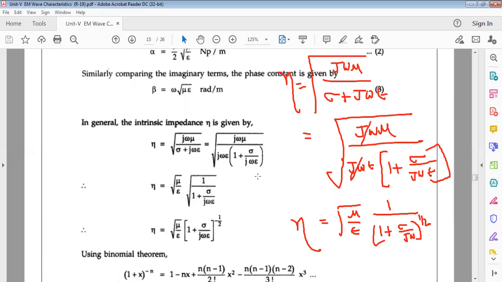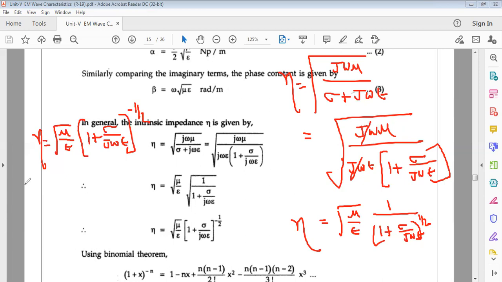Here it is written with power minus 1/2. Again, you can use the binomial theorem to find out eta for the practical dielectric: under root of mu by epsilon into 1 plus sigma by j omega epsilon whole power minus 1/2. 1 plus x whole power minus n is 1 minus n x plus n into n plus 1 by 2 factorial x square and so on.